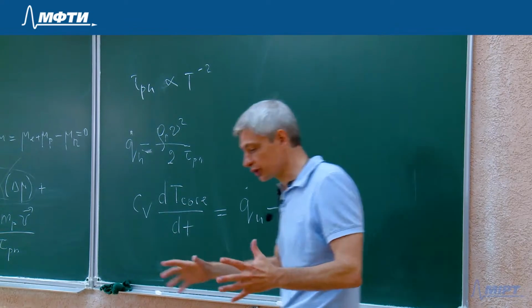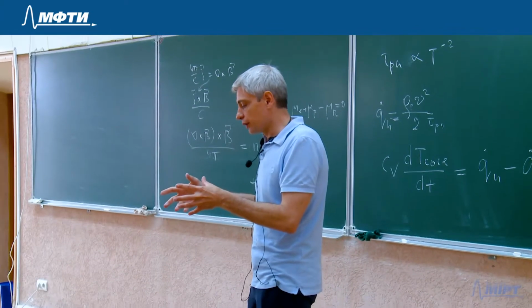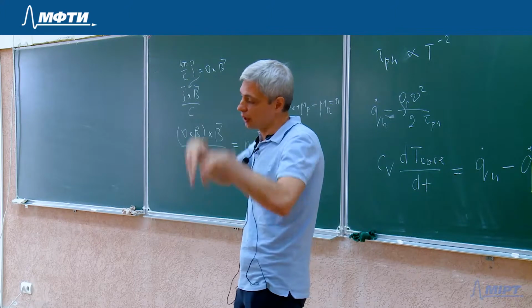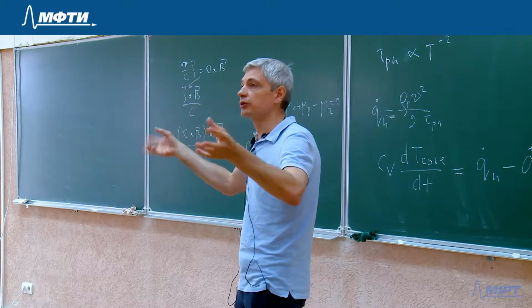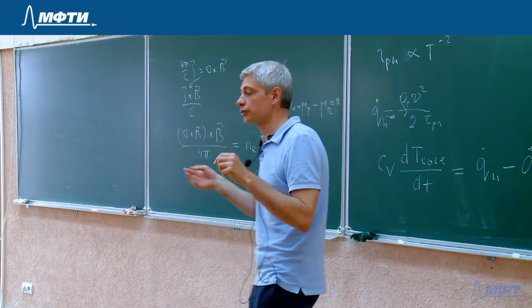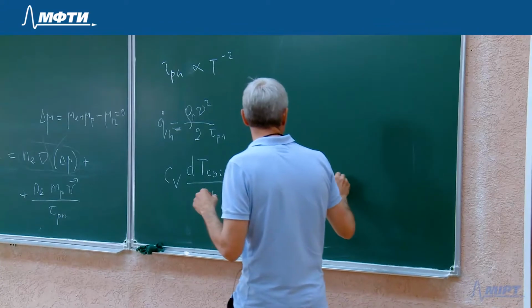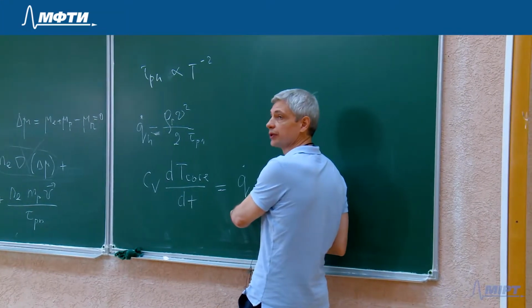So what's happening is that the magnetic field is slowly moving through the core, and it heats it, and at the same time you radiate this energy away, and then you find a balance between heating and cooling. So it turns out that this system, for a long time after the magnetar birth, finds a temperature at which these two terms nearly balance each other.